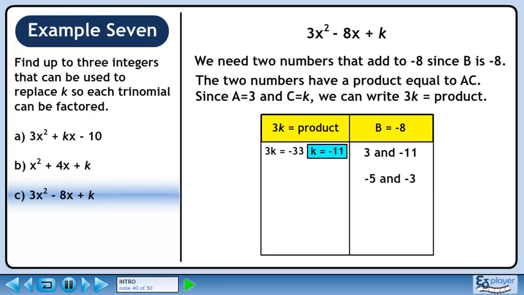Next, we'll try minus 5 and minus 3. The product of minus 5 and minus 3 is 15. Divide both sides by 3 to get k equals 5. Now try minus 10 and 2.